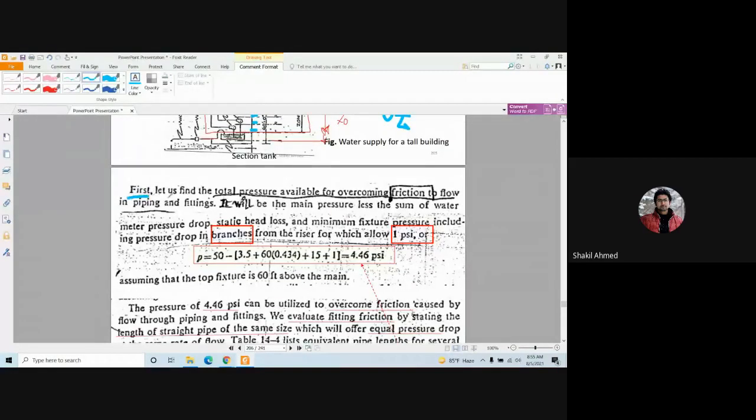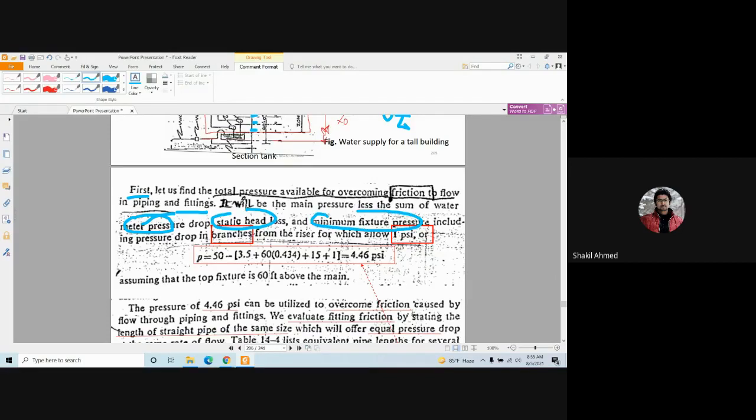Now, first, let us find the total pressure available for overcoming friction to flow in pipings and fittings. It will be the main pressure less the sum of the water meter pressure drop, static head loss, and minimum fixture pressure.